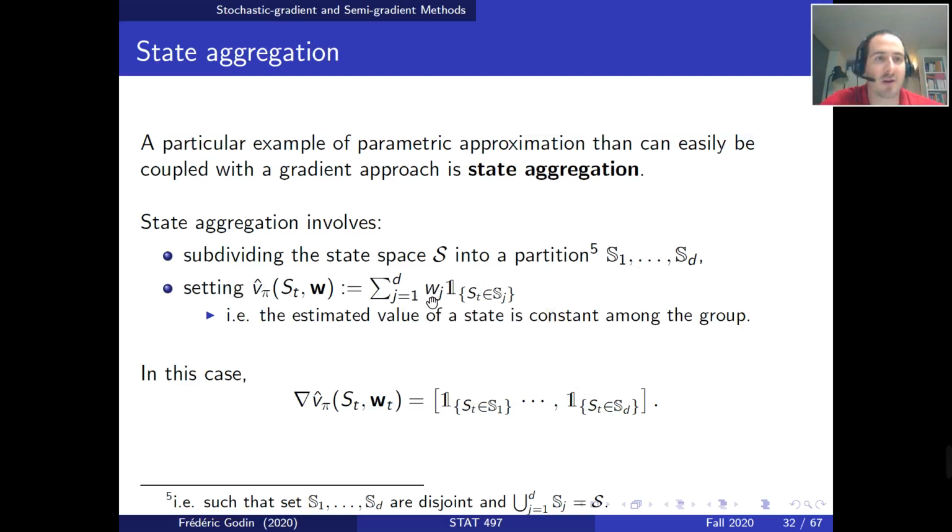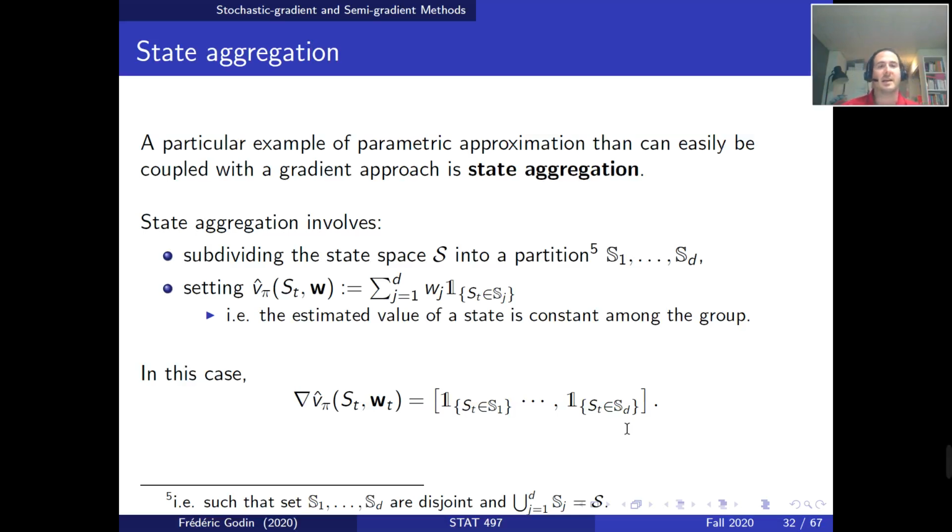Because this is a linear combination of the w's, the gradient of the value function in a given state st for a given set of weights w is simply a vector which contains the indicator functions. The first element is an indicator which is 1 if we are in aggregate S1. The second element is an indicator which is 1 if and only if we're in aggregate S2, etc., until the last element, which is 1 if the current state is in the subset SD.